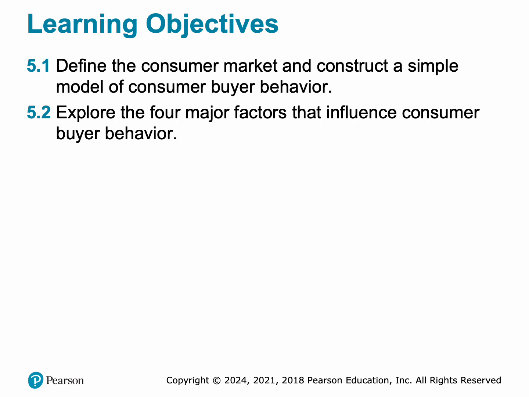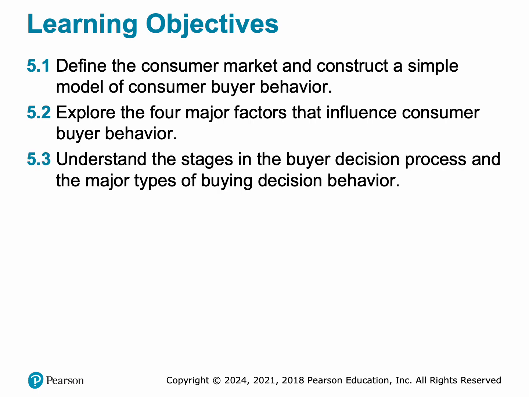We'll explore the four major factors that influence the consumer buying behavior. We'll understand the stages in the buying decision process. And this is really important, so we'll spend some time on that as well. I mean, obviously, these are all important. Some we'll spend a little bit longer on.